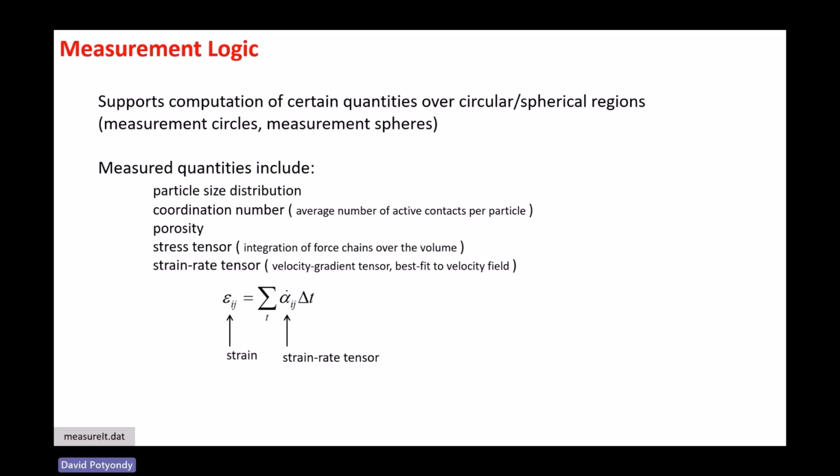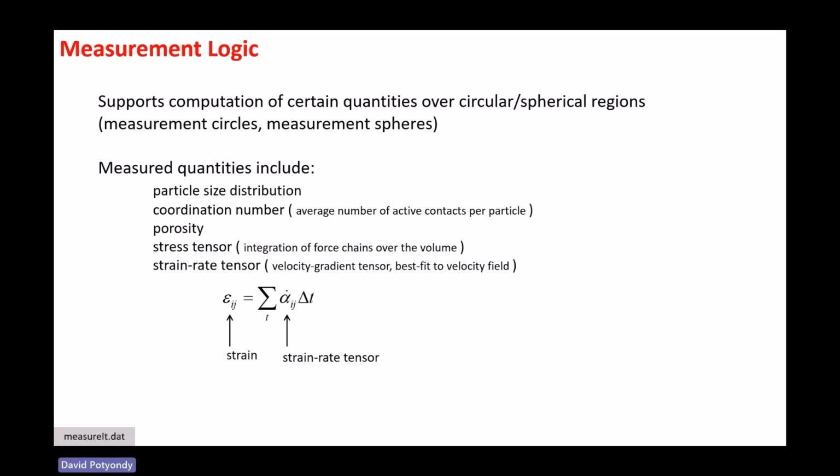Now, there's also something called measurement logic. Now in PFC, as you know, it's a discrete system. So we have these particles. There are certain things you can measure within certain parts of the model. So you define what we call a measurement region, which is either a circle or a sphere in 2D or 3D. And these are the different things that you can measure with that.